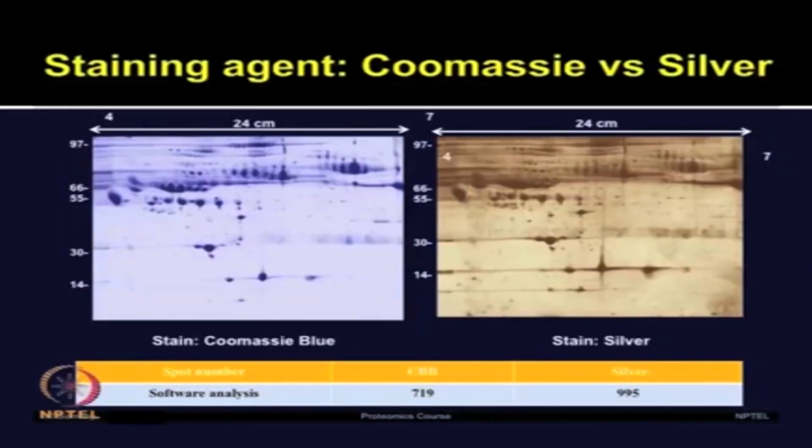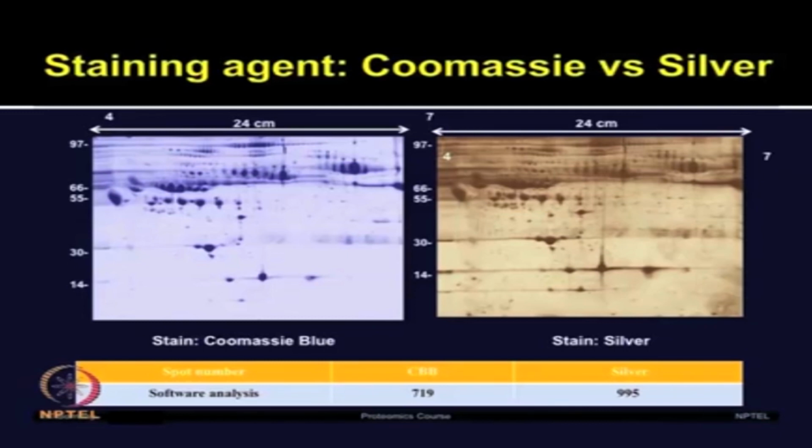We also looked at the effects of various types of staining, whether it is Coomassie blue staining or silver staining. We definitely identified more spots from the silver staining, but because we want to compare a large number of clinical samples with different healthy controls, it was very difficult to standardize the conditions to keep the silver staining uniform.